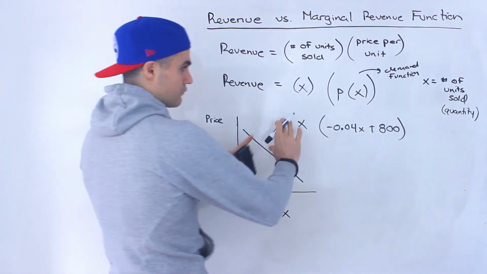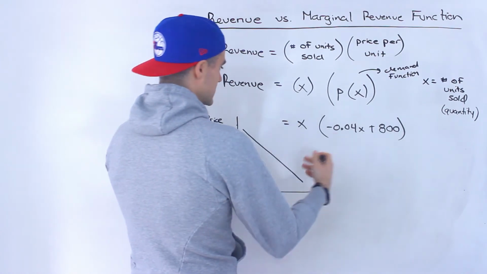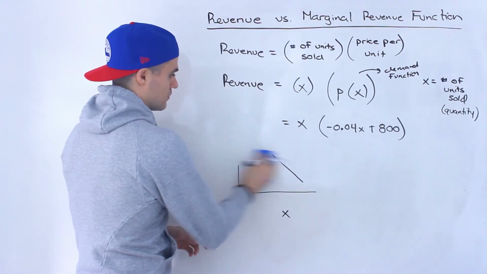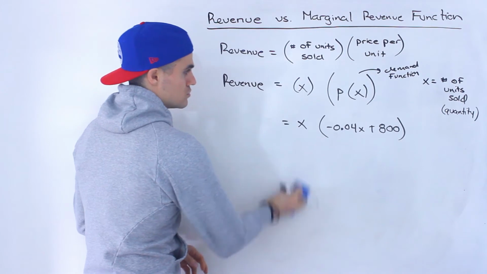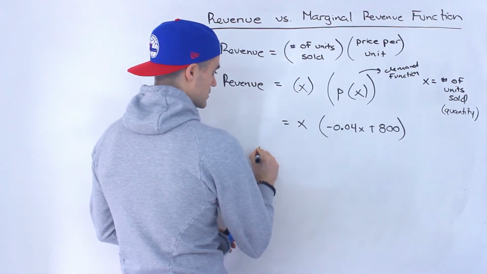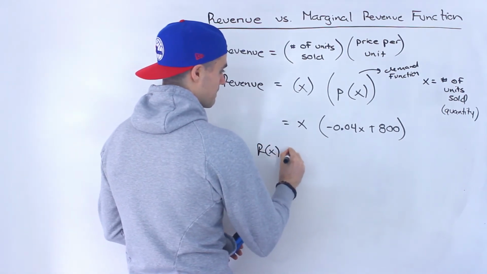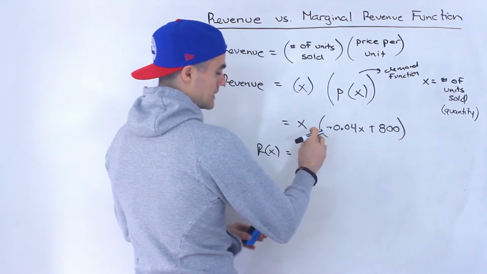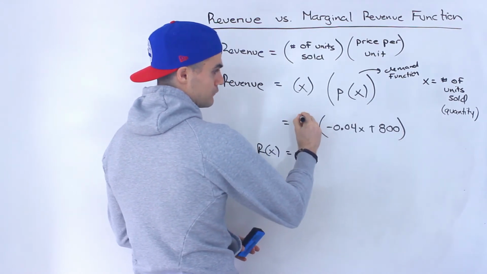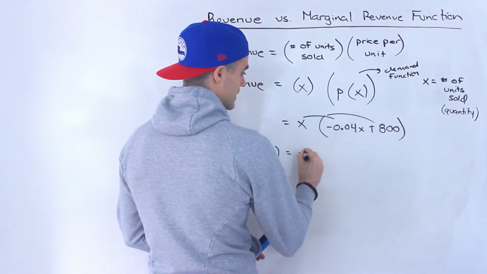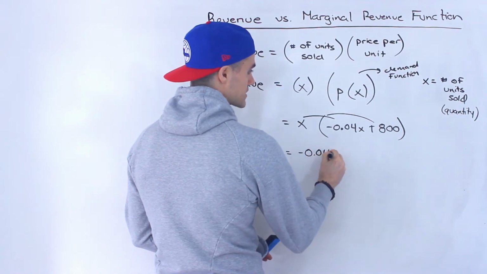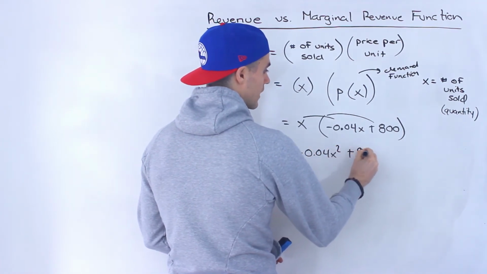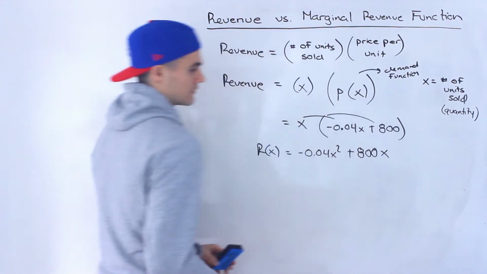And so if we roll with this example, the revenue function, let's call it r of x, is going to be this, and if we expand it, it's negative 0.04x squared plus 800x.